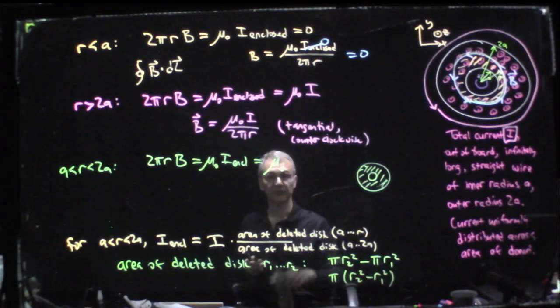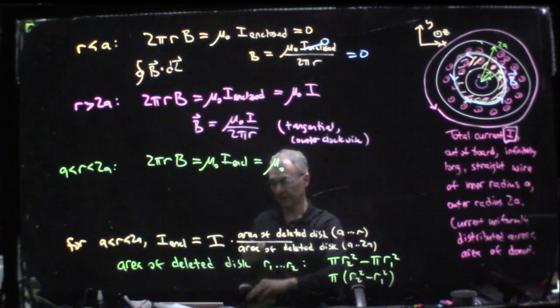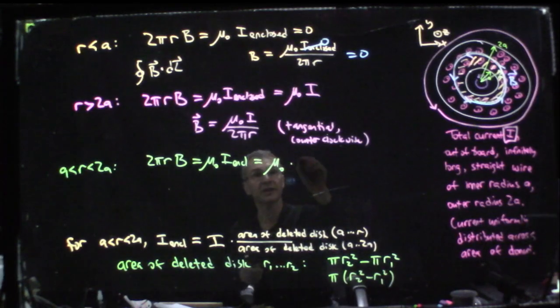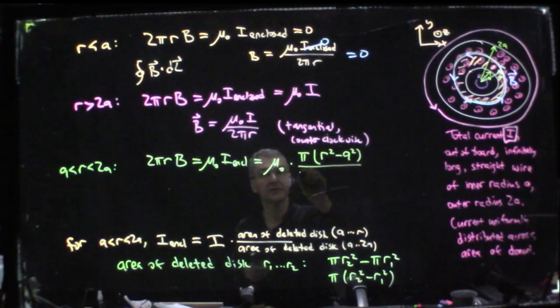Okay, so then we can just apply that here. And so this seems to be mu naught. Now the factor pi is going to cancel. I'll write it anyway just for fun, but it's going to cancel out. So this deleted disk from A to R is R squared minus A squared. And then here is pi. The pi will cancel.